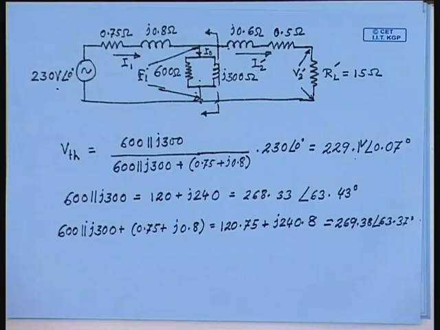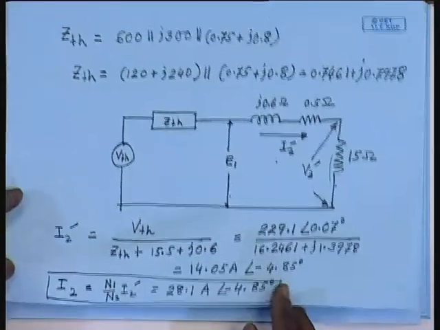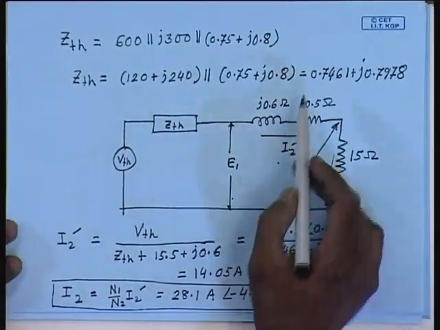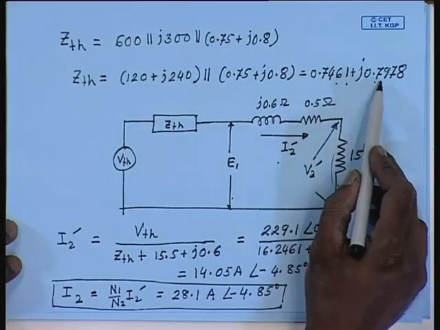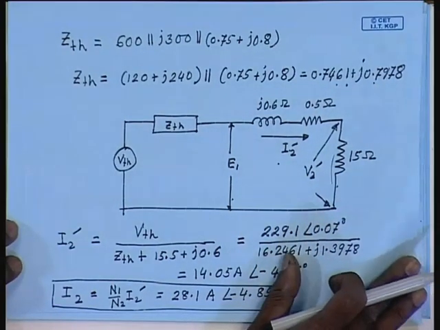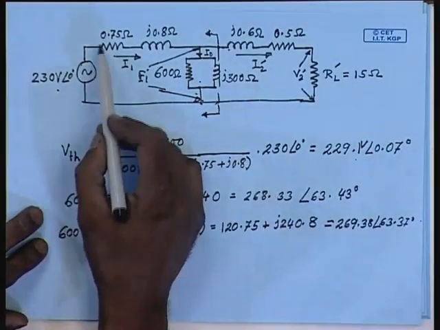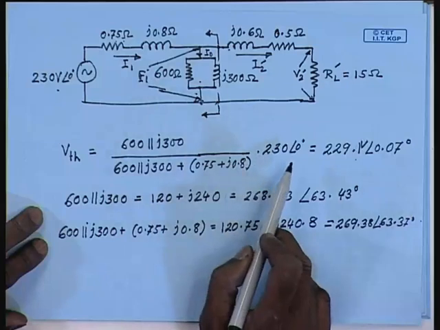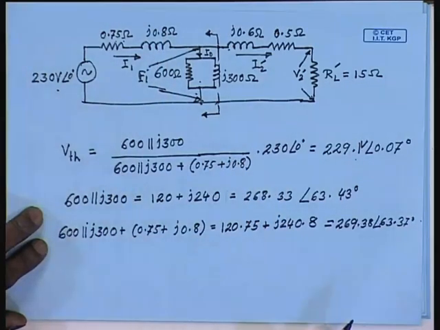Similarly, the Thevenin impedance ZTH comes to 0.7461 plus j0.7978. If we look at the actual primary impedance, it was 0.75 ohm and 0.8 ohm here.